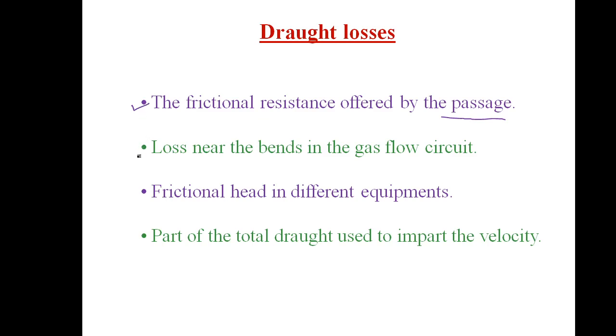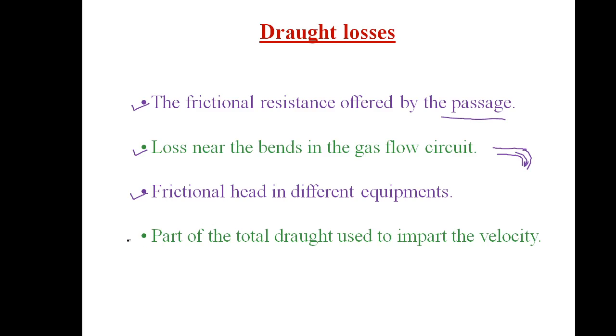This is one reason. Loss near the bends in the gas flow circuit, if there is a flow path which has turns in between. These turnings in the flow path of hot gases also cause the loss of pressure difference. Then frictional head in different equipments. When these gases are passed through economizer or air preheater, certainly a number of tubes will come in the path of flow of gas, and that is going to cause head loss in the equipments.